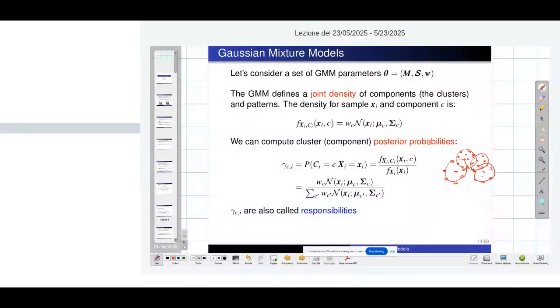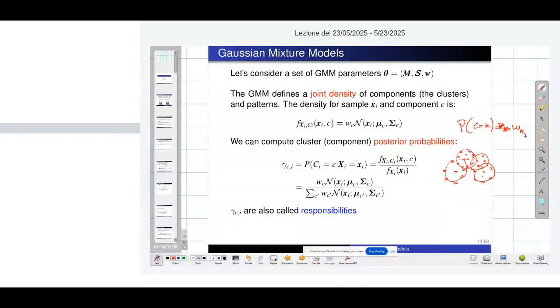So we can imagine that a sample of our training set is obtained by first throwing a dice that gives us the cluster number. Well, an unfair dice because it will give the cluster number with a probability that is pi k, that is actually wk, the weight of the corresponding component. And then, having chosen the cluster, to generate the actual sample, we will draw a sample from the Gaussian distribution.